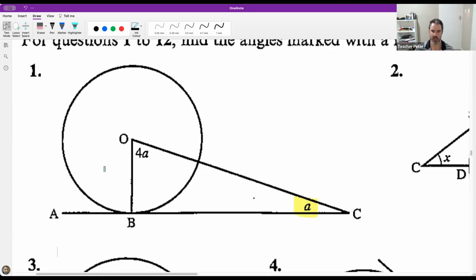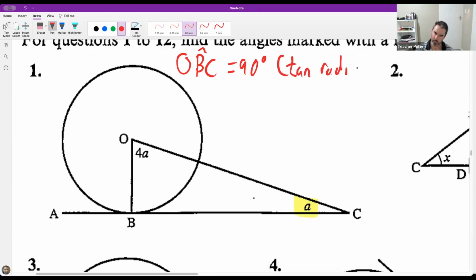I'll give you some time to work on that. What is the value of angle A going to be?